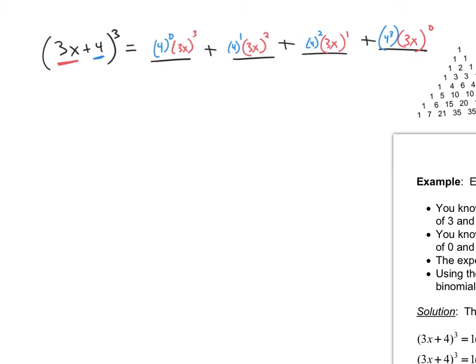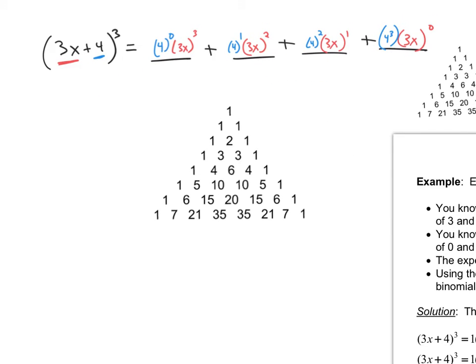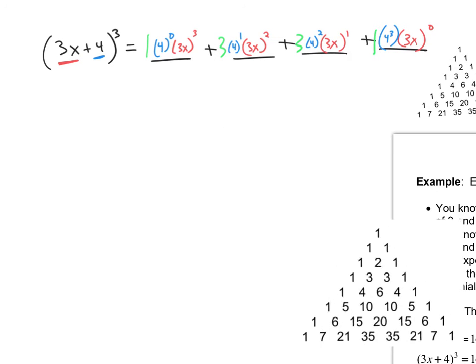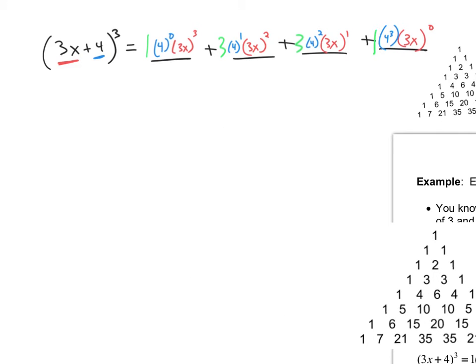So let's look at our triangle. Because this is a 3, I need row 3, 0, 1, 2, 3, the one with 4 terms. It's 1, 3, 3, 1. So I go back up here and I put in a 1, a 3, a 3, and a 1. And then let's get that out of the way, and then I just clean it up.